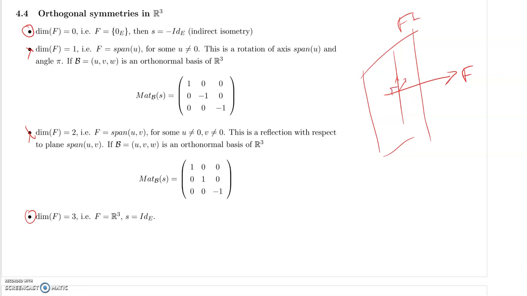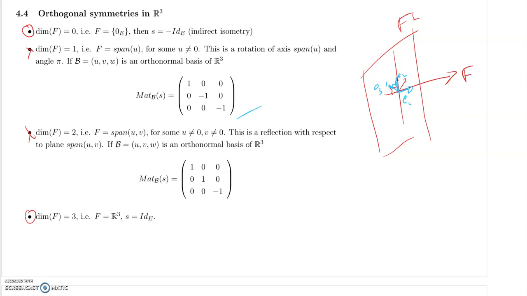All right, and again, if you choose the right basis, so you take one unit vector in F and two unit orthogonal vectors in F orthogonal, so that's some kind of perspective for F orthogonal. So you take E1, E2, E3, and you should understand that you get this kind of matrix. Anything that has direction E1 belonging to F is going to be sent to itself.